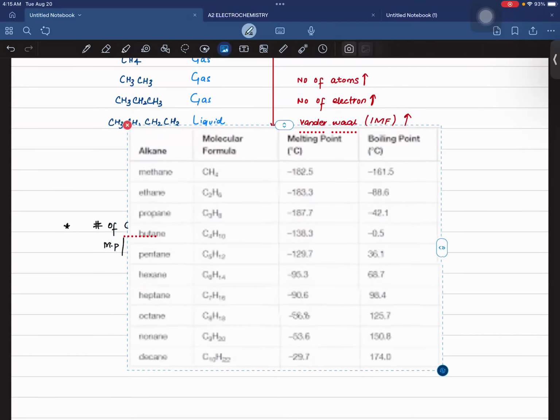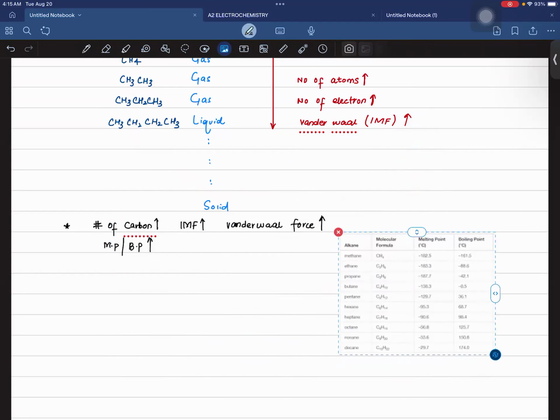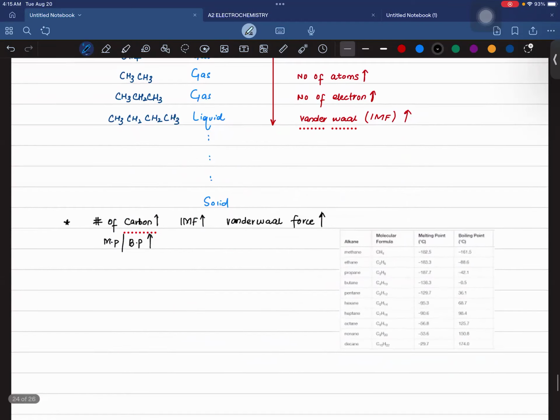So basically this is what I mean: when the number of atoms increases, the number of electrons increases, so intermolecular force increases, so melting and boiling point increase.